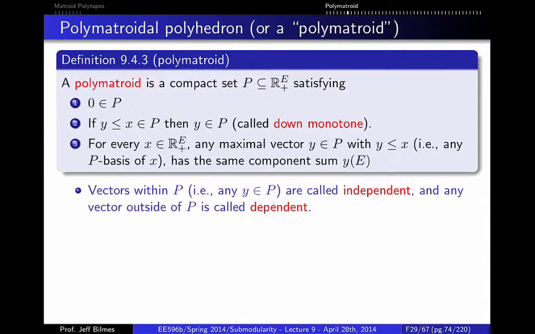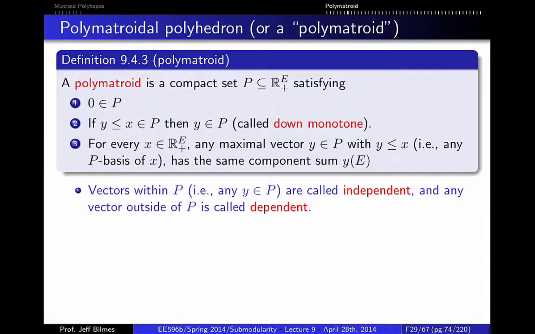So vectors within P are called independent, because analogous to the independent sets of a matroid, when you're in the set of independent sets, you're independent. And if you're outside, you're dependent. If you're inside of this polytope, then you're an independent vector.